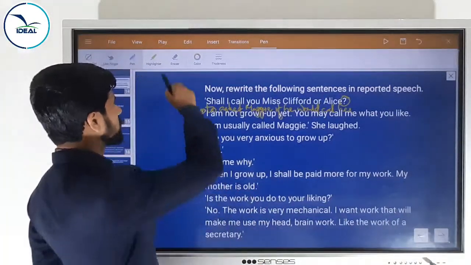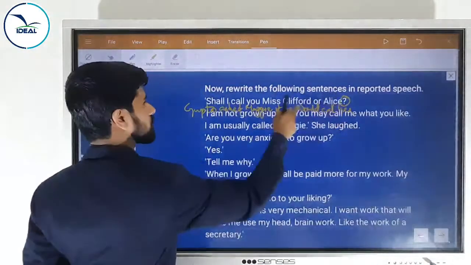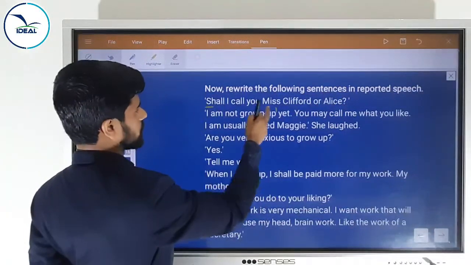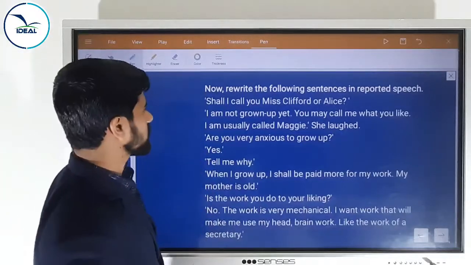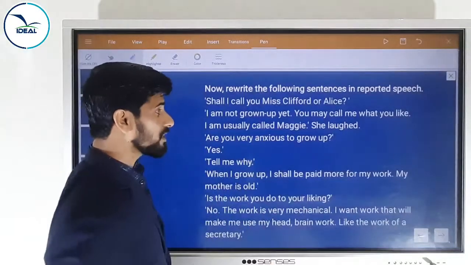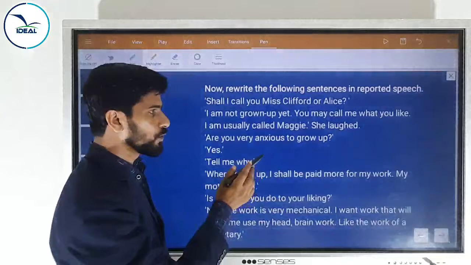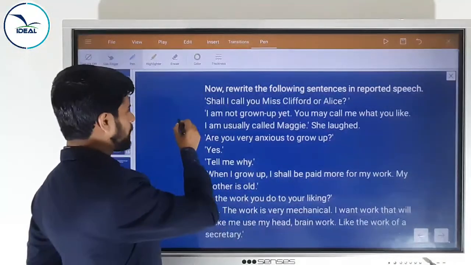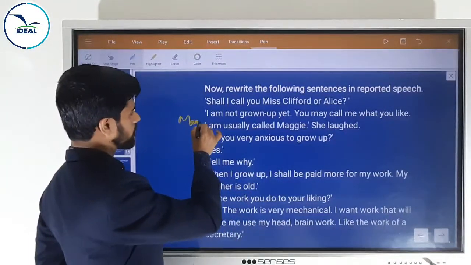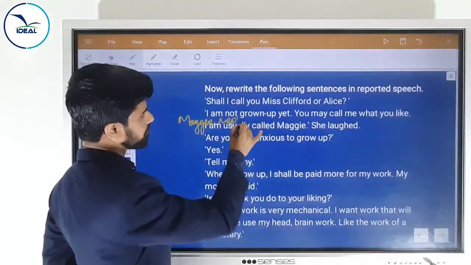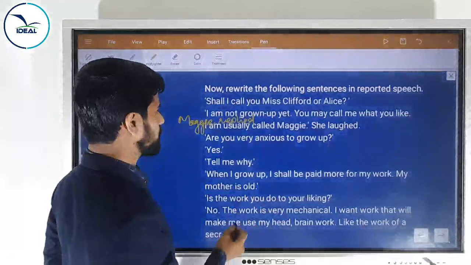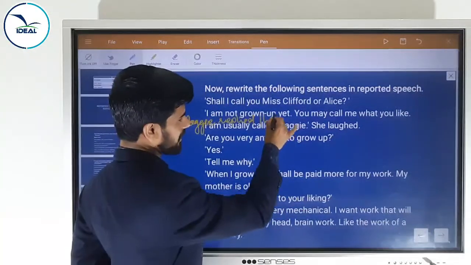Okay, then what is her response? I am not grown up yet. You may call me what you like. Then Maggie replied that. That is the conjunction here, right?